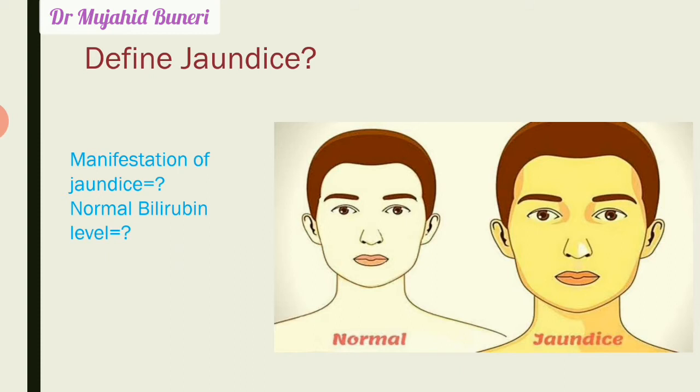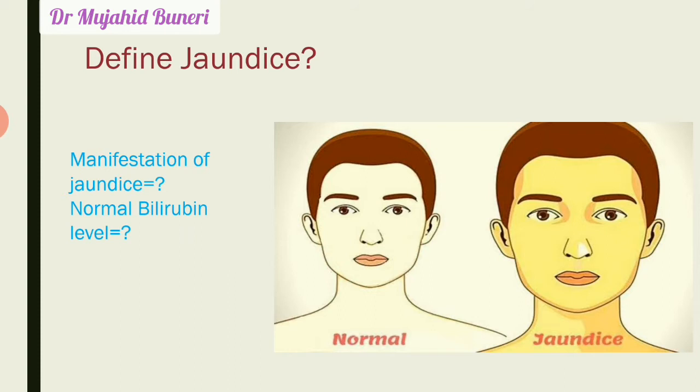It is the yellowish discoloration of sclera, skin or mucous membrane due to increased bilirubin level in the blood. Manifestation of jaundice occurs when bilirubin level is more than 2.5 to 3 mg per dl.